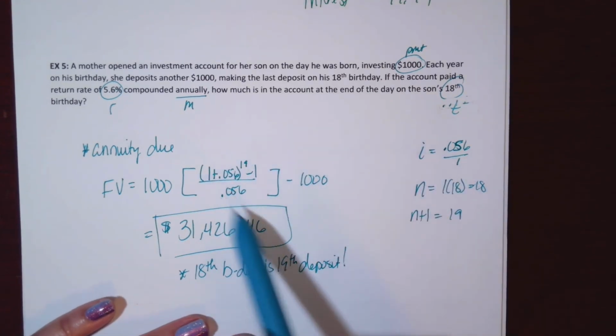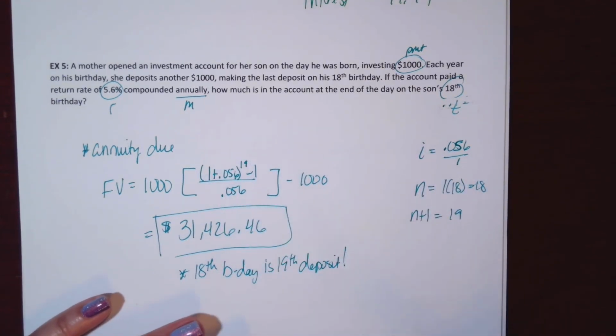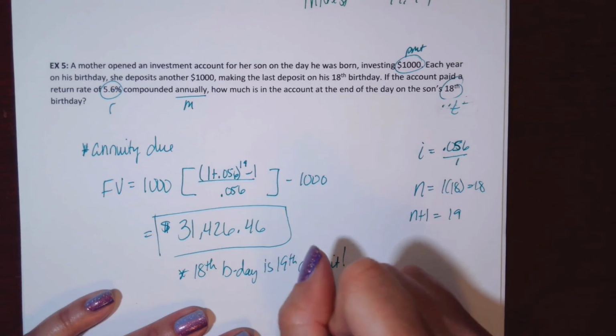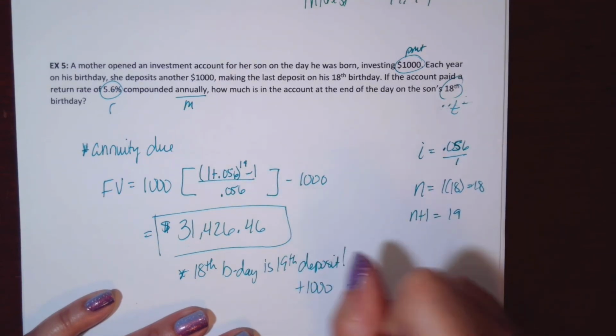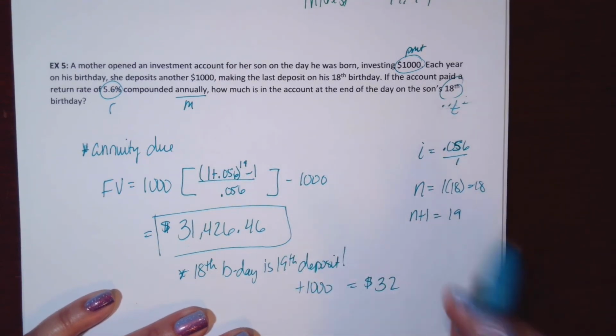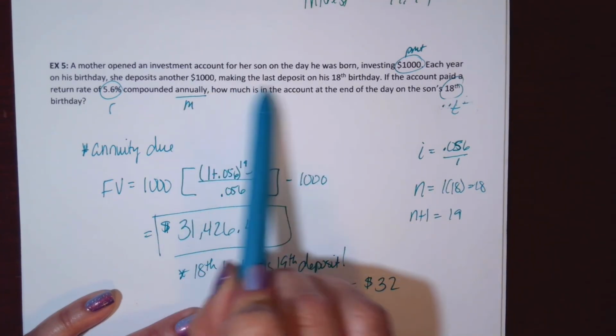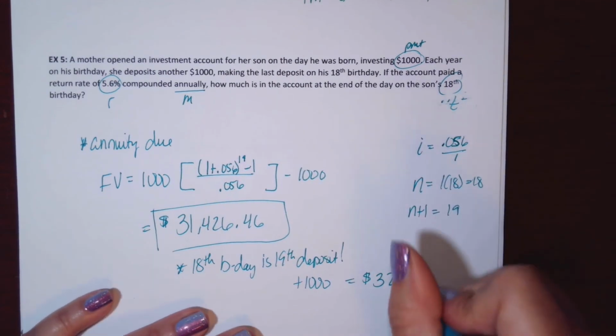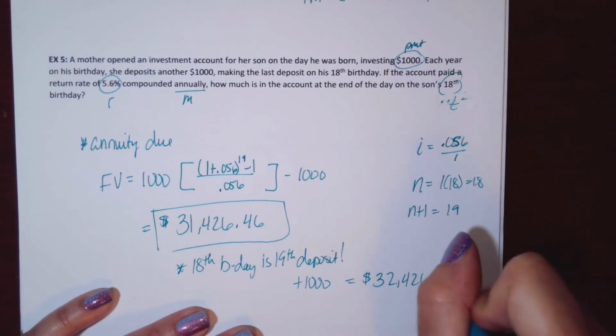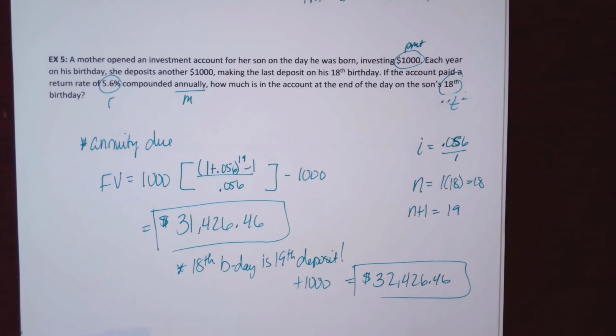So this is for 18 of those deposits. We need to go ahead and add back in that $1,000. So as long as she goes ahead and pays that $1,000 on his 18th birthday, like it says, we're going to add that back in. That's how much is in his account on his 18th birthday. Okay, that's it.